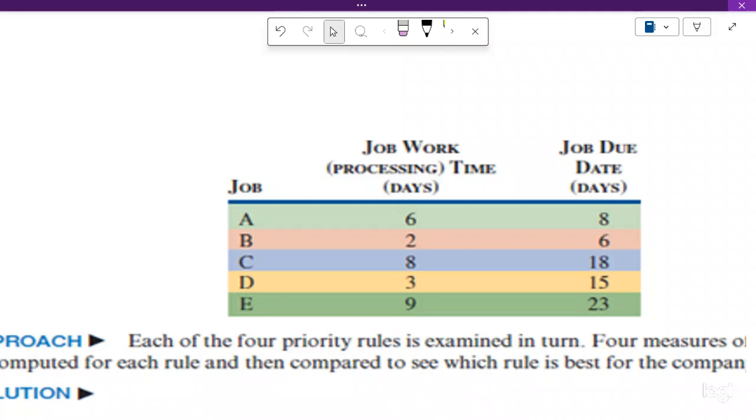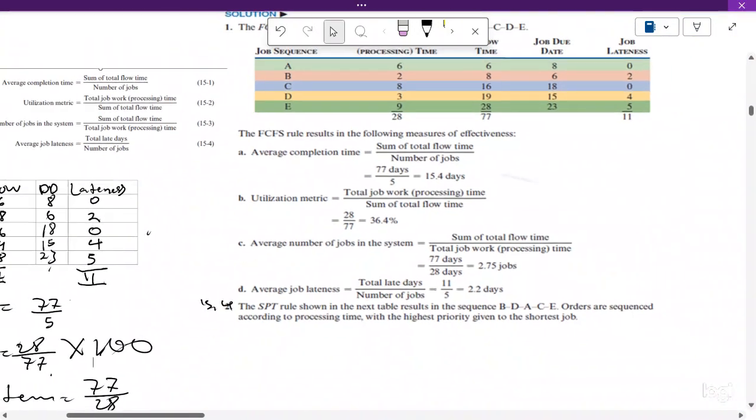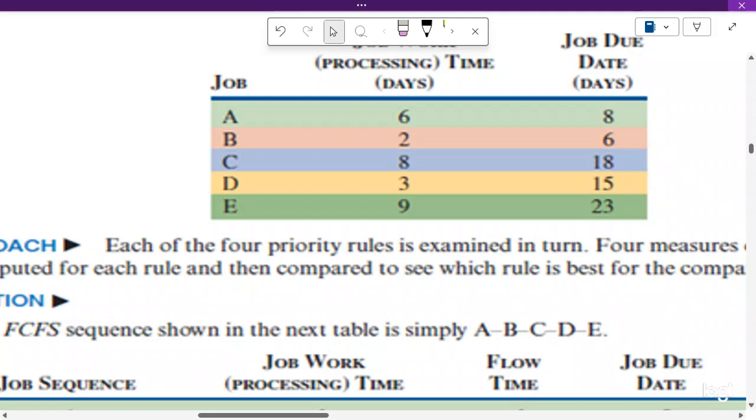Is it right? Yeah, okay. I feel I must sort them before I go.